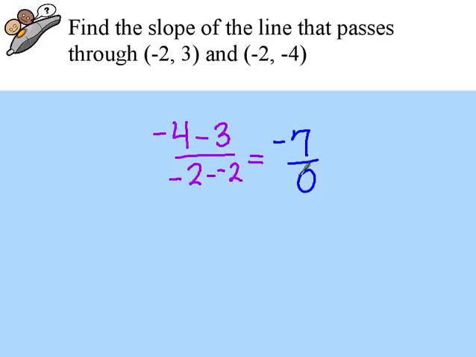Now, type that in on your calculators and see what you get. What'd you get? Error. You can never divide by 0. That's like one of those things that just doesn't work. And so whenever you get something like this, your answer is going to be undefined.